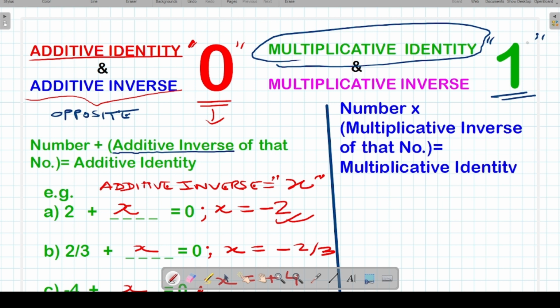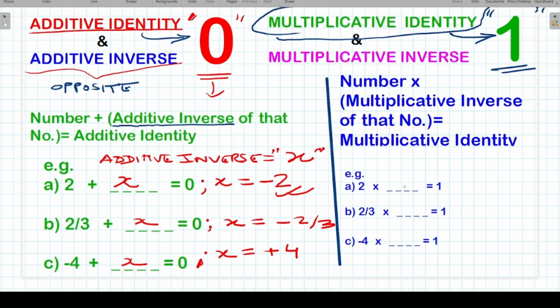Mind it, the word multiplicative clearly implies multiplication, right? When any given number is multiplied with the multiplicative inverse, it will give the multiplicative identity, which is equal to 1. So when we multiply the number with the multiplicative inverse on the LHS, we should always get 1 on the RHS, which is the multiplicative identity, right?